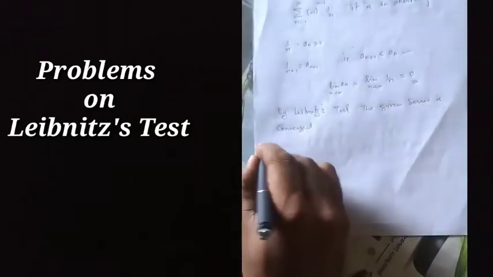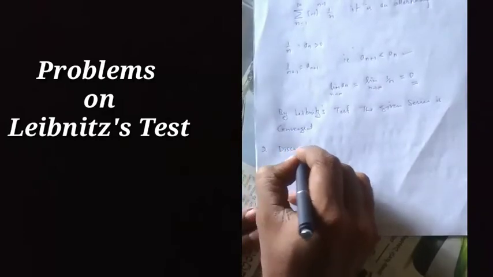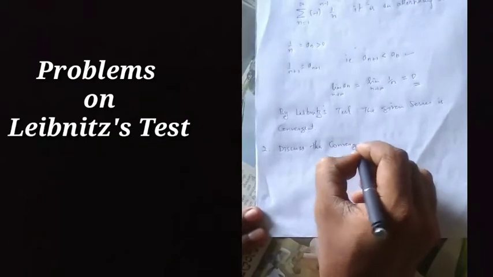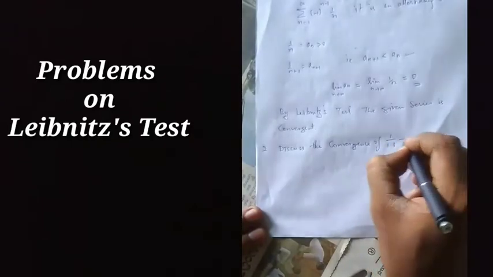Similarly, we can see another one, the second one. If this is the first one, the second one says: discuss the convergence of the series 1 by 1.3 minus 1 by 2.4 plus 1 by 3.5 minus 1 by 4.6 plus and so on.